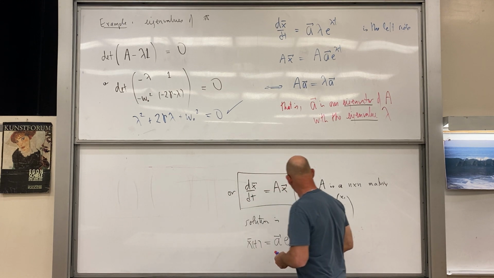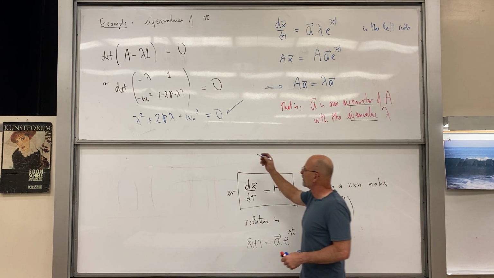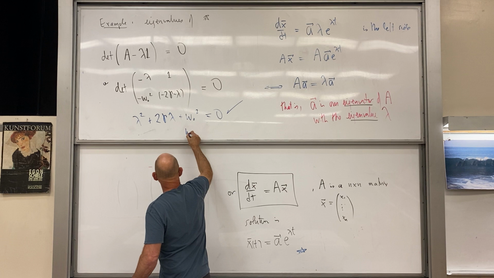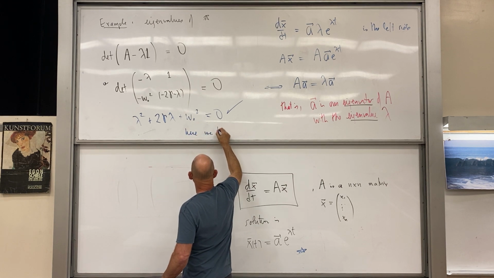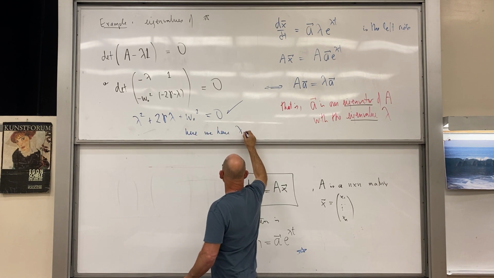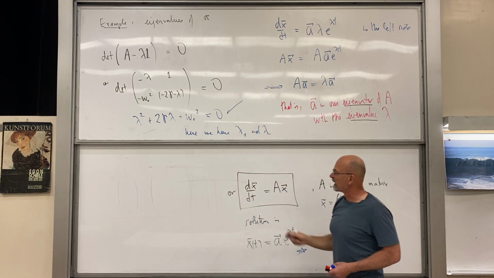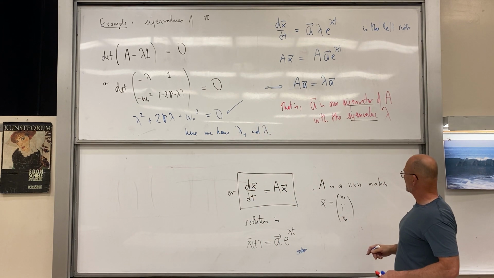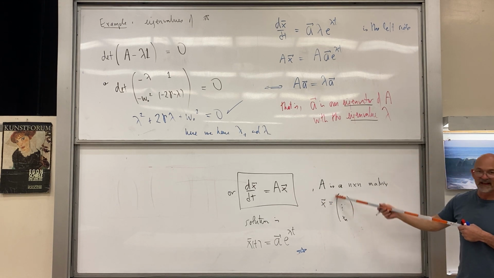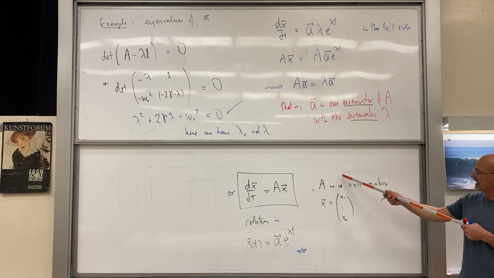So there's more than one lambda here, right? We know that here we have lambda plus and lambda minus, when we solve that quadratic equation. Here we have 2. Generally, we would have n of those lambdas for the n-dimensional case.